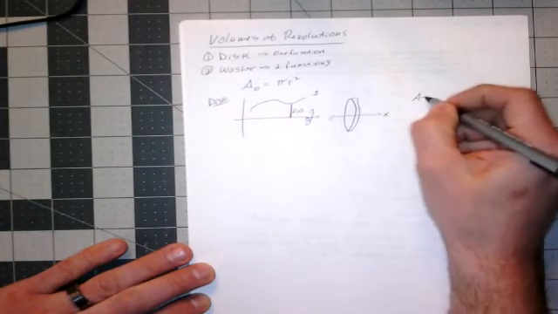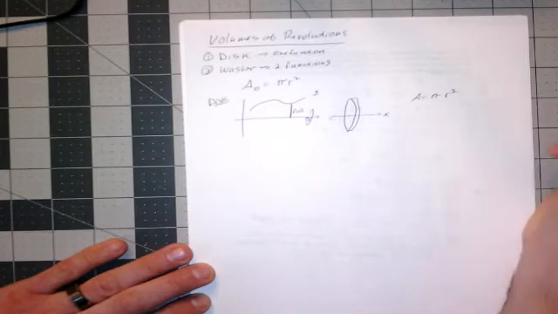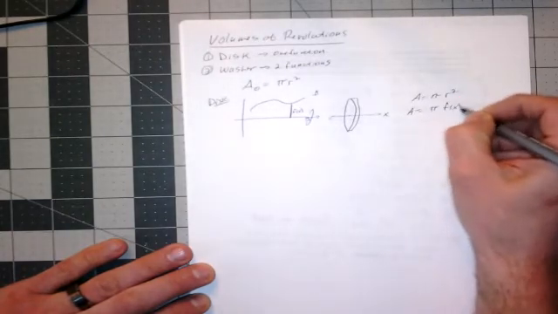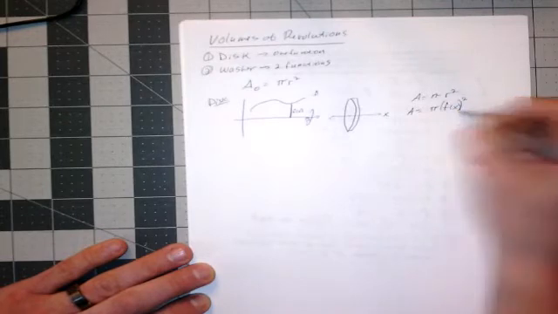So if area is pi times radius squared, our area would be pi f of x squared.